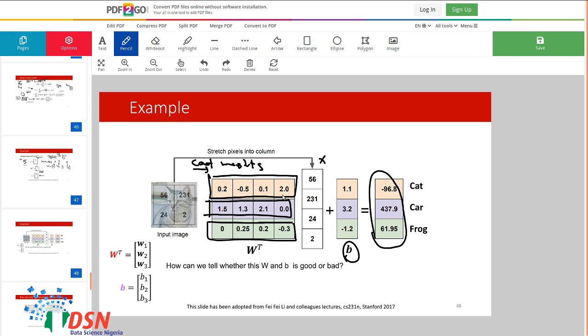Okay, so this is how our classification model works. It gives us, not actually probability, just some kind of score for each class.